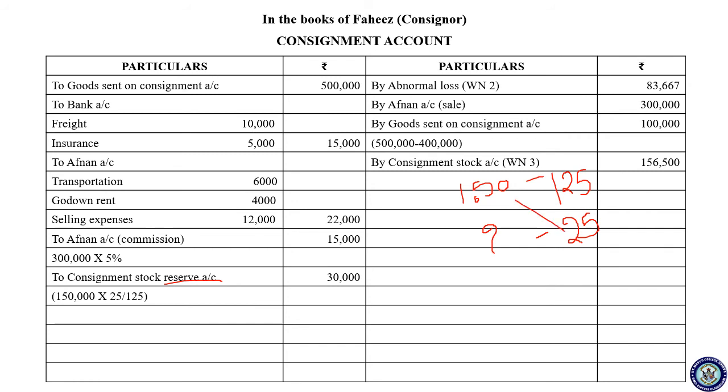So cross multiplication. I repeat, 1,50,000 is the invoice price. That is nothing but 125%. How did you get that 125%? Cost is 100, load is 25, then invoice price is 125. Now we want to find 25%. It will come to 30,000. So the difference is transferred to the P&L account.